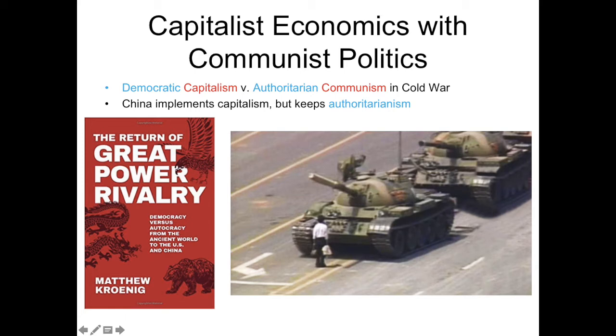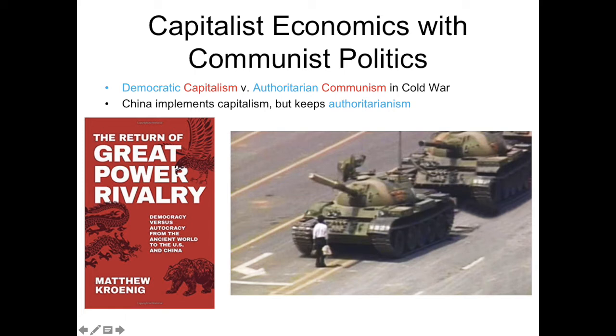So China successfully implements capitalist policies in its economy in the 1980s under Deng Xiaoping. But Deng Xiaoping is very clear. This does not mean a reformation of the political system.